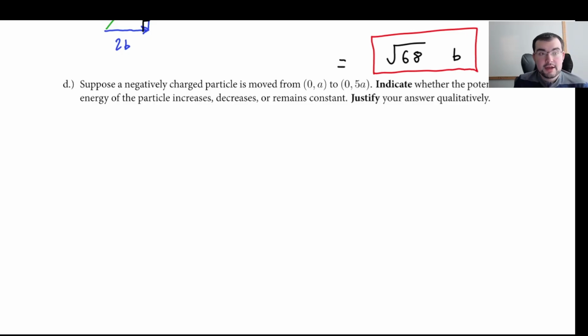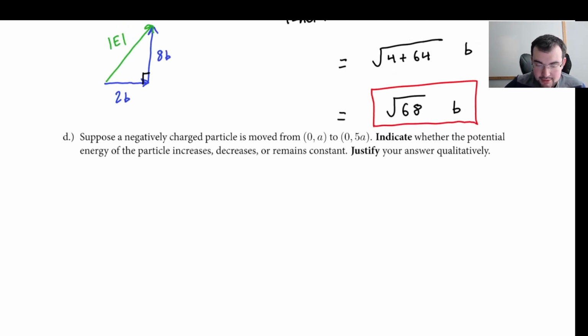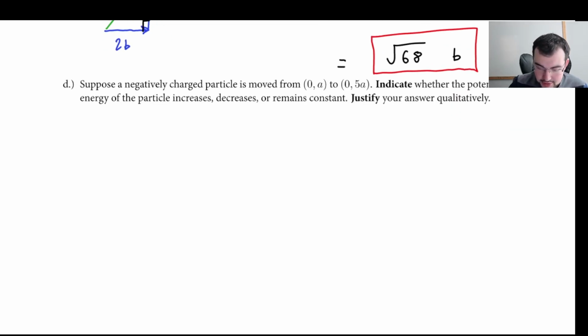All right, a negative charge placed at (0, a) is moved to (0, 5a). Indicate whether the potential energy increases, decreases, or remains constant. Justify your answer. So we know that (0, a) was actually given to us, that (0, a) was the top of the ellipse.